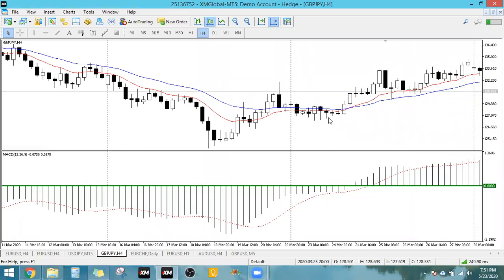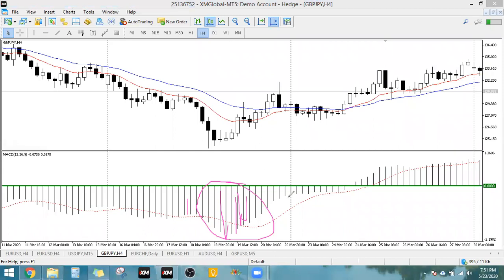Tapos, kung mapapansin nyo, yung histogram nyo din, tumataba, tapos numinipis. For example, itong time na to, medyo mataba yung histogram natin, ang laki nung bars natin. But if we compare it over here, medyo mas maliit yung bars natin. Bakit ganoon? The height of your histogram actually depends on the distance between your two moving averages. So, kung makikita nyo po yung 12 at 26, itong time na to, medyo malaki yung difference nila.